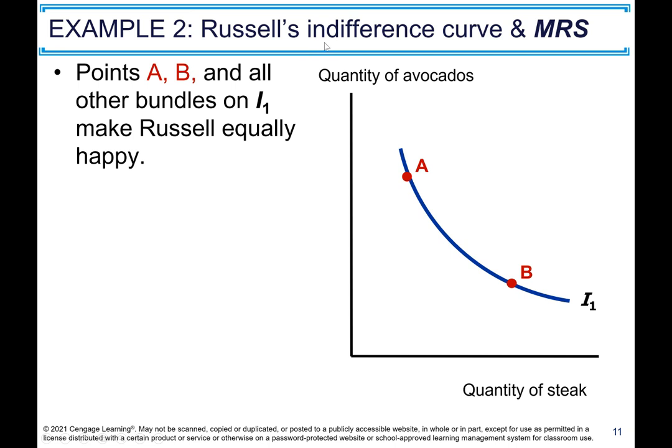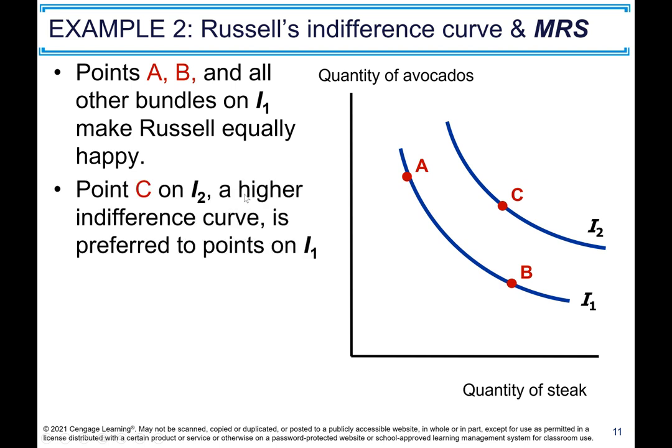Example 2: Russell's indifference curve, or MRS. Points A, B, and all other bundles on I1 make Russell equally happy. Point C on I2, a higher indifference curve, is preferred to points on I1.